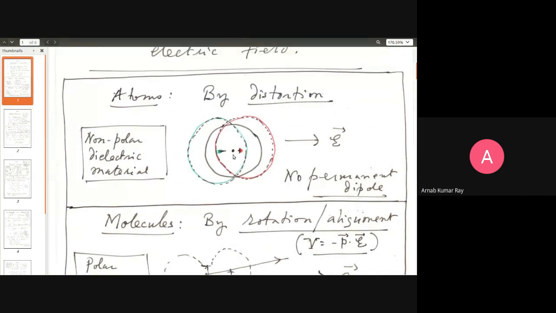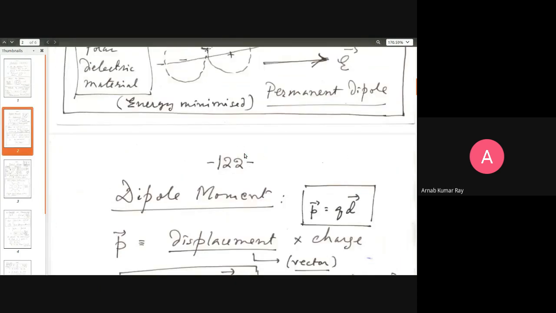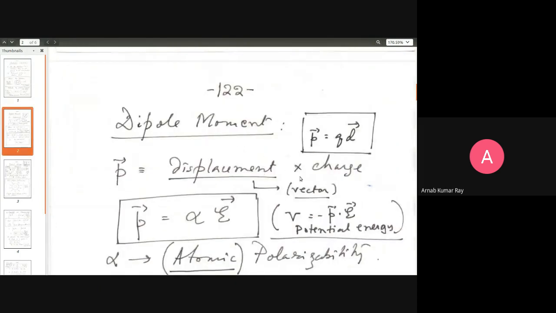The direction is from the negative end to the positive end. The negative end is the initial point and the positive end is the destination point. So from the minus sign to the plus sign, you draw the shortest path, and the direction from the minus to the plus end is the direction of the displacement. So that times the positive charge is defined as the dipole moment.